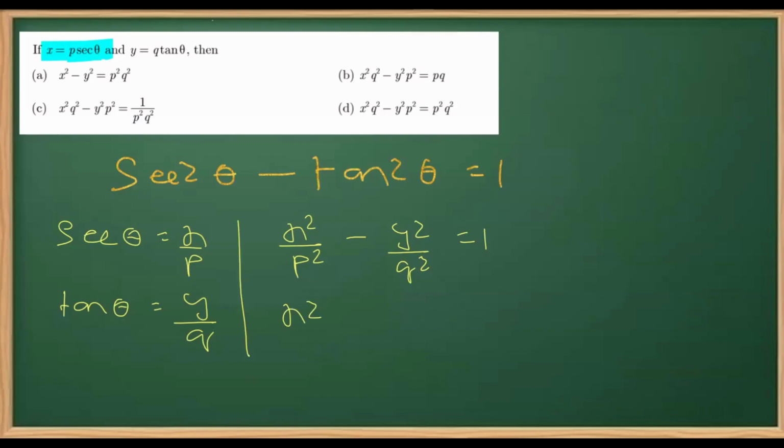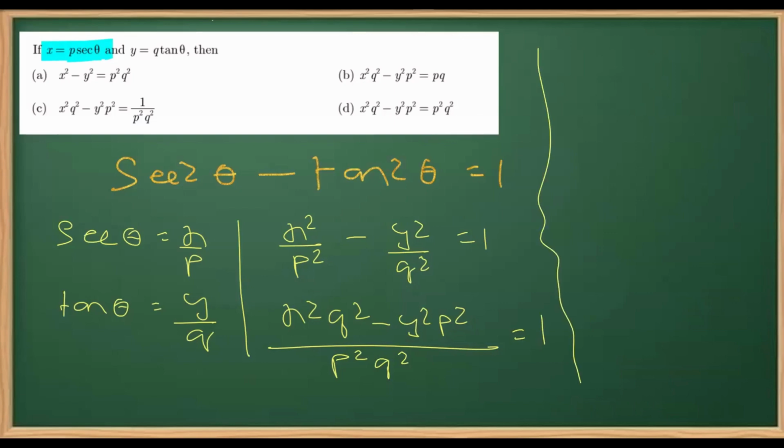So in case I take the LCM, this is x square, I should write down the LCM plus first. This is p square q square as the LCM. So x square multiplied by this is x square q square minus y square p square is equal to 1.